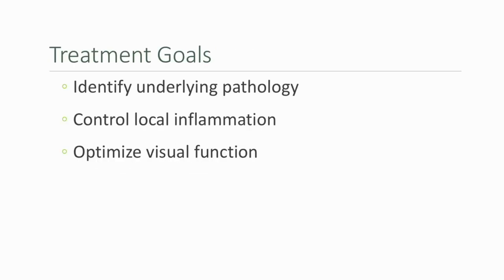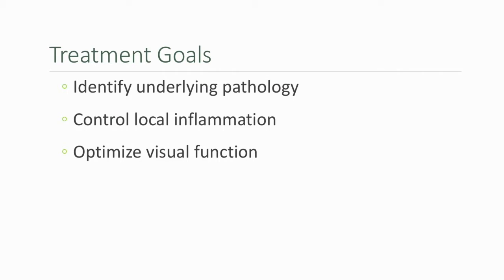And finally, treatment. So really our treatment goals, number one, is identifying that underlying pathology. Because again, although we call interstitial keratitis all of these potential things that lead to the clinical finding of interstitial keratitis, each of those entities does need to be treated specifically.